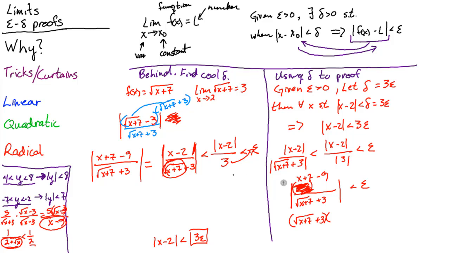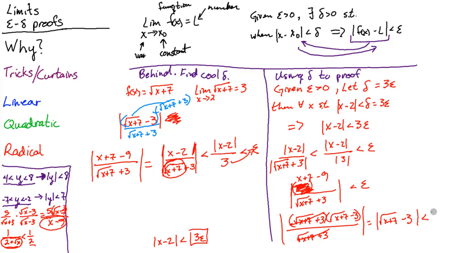Because we made it happen over here. Square root of x plus 7 minus a 3 all over square root of x plus 7 plus 3, and that's all in the absolute values. And we get absolute value of square root of x plus 7 minus 3 less than epsilon.